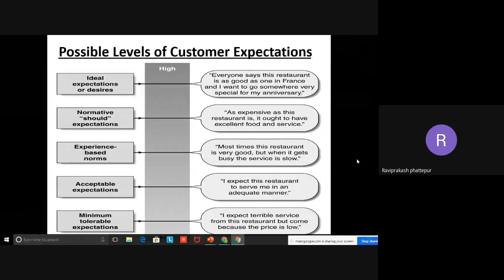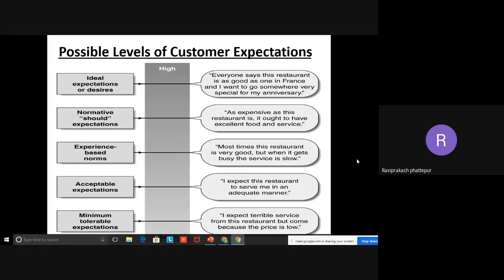Low, that is minimum tolerable expectations. So what is there? I expect terrible service from this restaurant, but come because the price is low. The customer is not happy, but still he will go there because the prices are low. This is what is minimum he is expecting. The service is terrible, but the price is low. He is satisfied somehow.